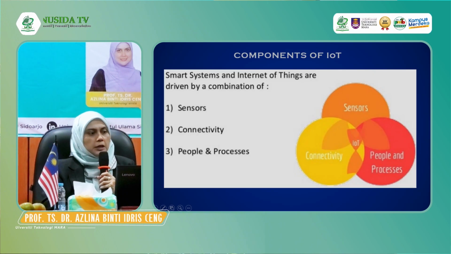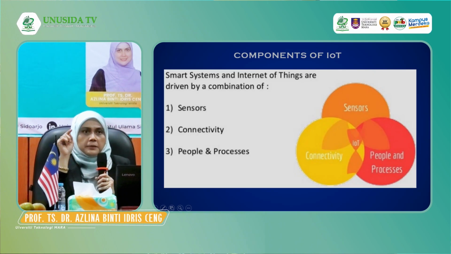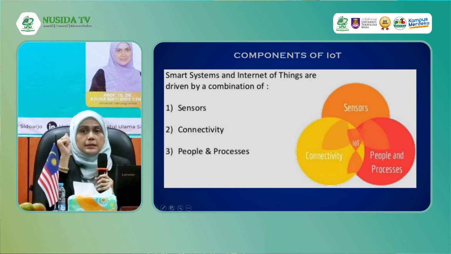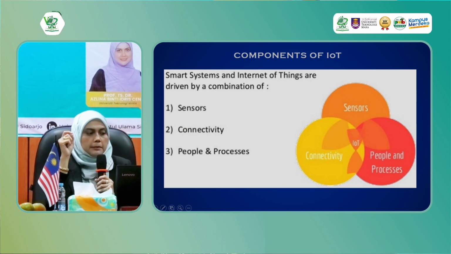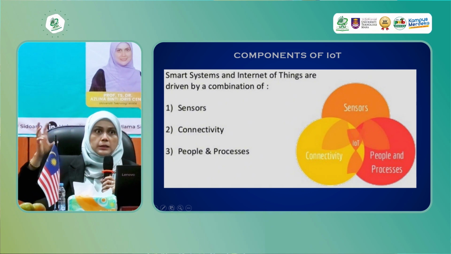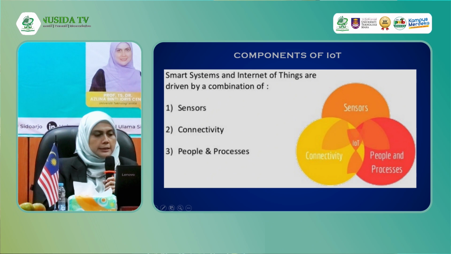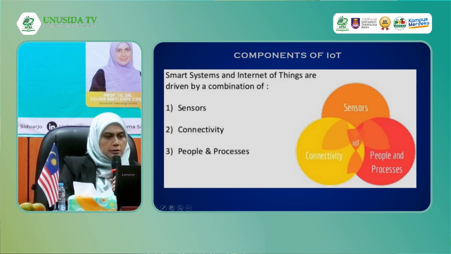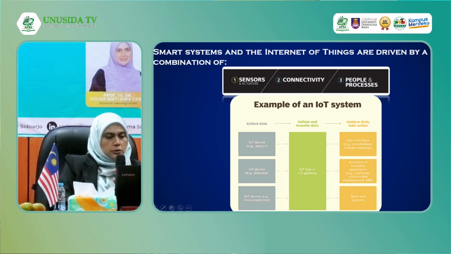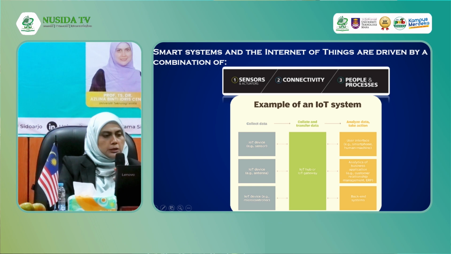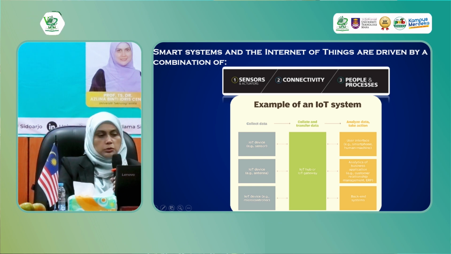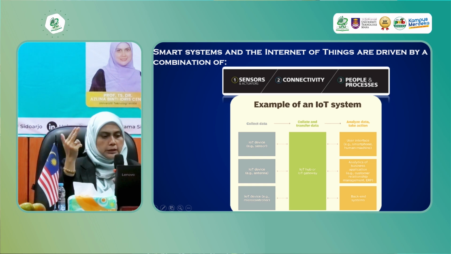Okay, components of IoT. For the components of IoT, you need to have sensors, connectivity, and people and process. So you need to understand what is sensors, what is connectivity, and what is people and process. So for sensors, to collect data, for example, we need to have an IoT device. So we need to have, for example, a sensor, antenna, and also a microcontroller.